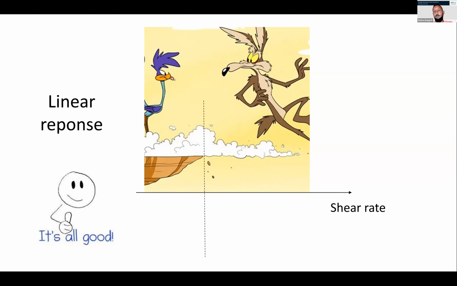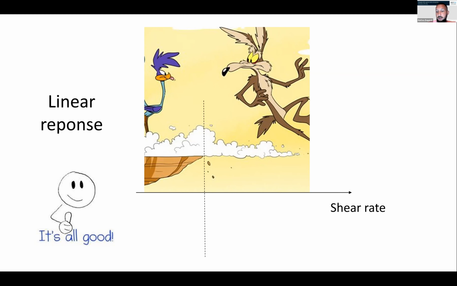But much less is known when you start going away from linear response. So remember that the viscosity is the coefficient between the stress and the shear rate. Here by linear response, I mean the situation in which the shear rate is small. And whenever the shear rate is not small enough, of course, linear response will not apply. And then we are left with fewer methods to compute this viscosity.